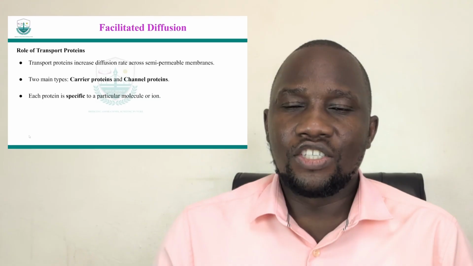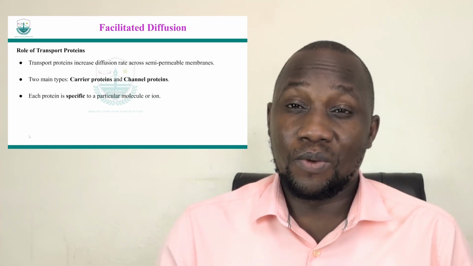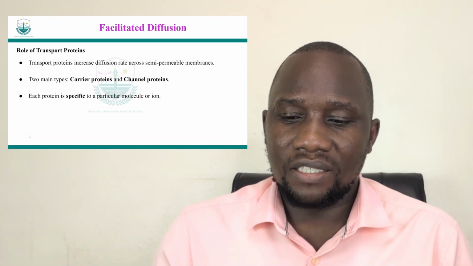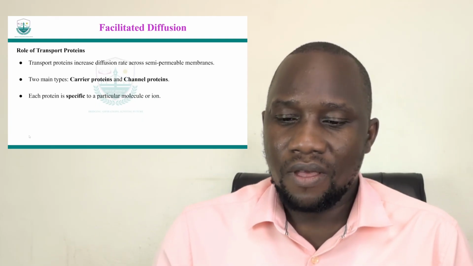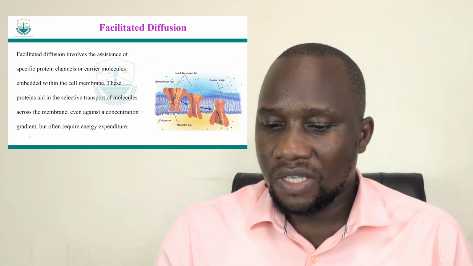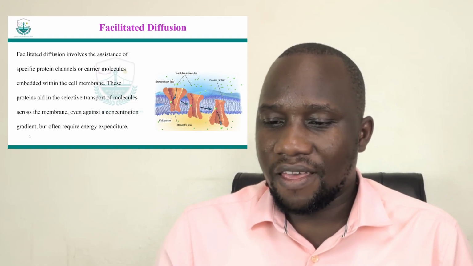The key thing is that you can categorize these special protein carriers into two: carrier proteins and then channel proteins. The key thing is that both of these are actually proteins. And if you look at this image here, we have a carrier protein there.